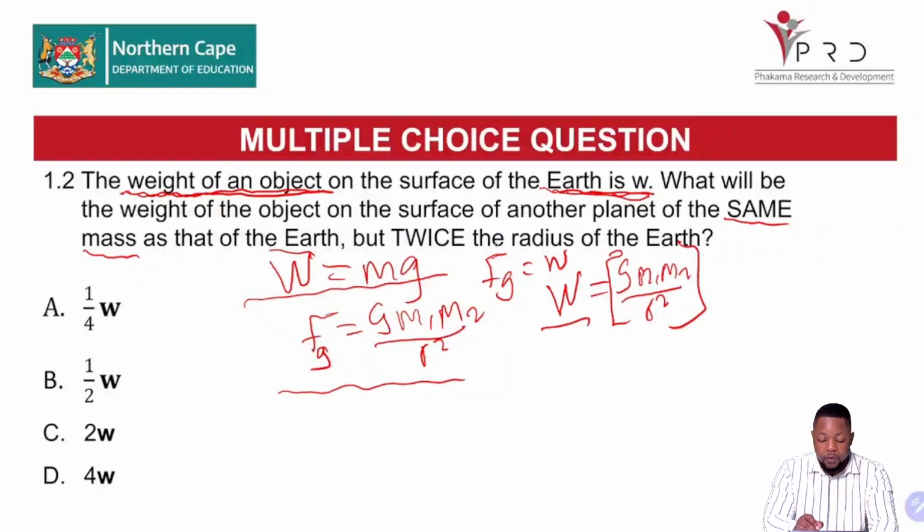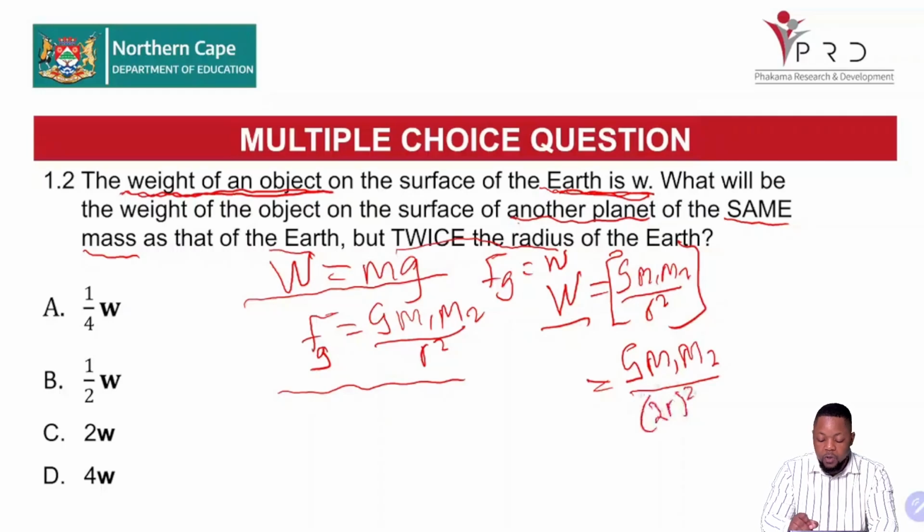Now we go to another planet. But this planet has the same mass as the Earth, but twice the radius of the Earth. So they are asking what will be the weight of the object. Remember, that object should have the same mass as well. Now, that object on the other planet, the mass of the object is the same, the mass of the Earth is the same, but we are told that the radius is twice that of the Earth.